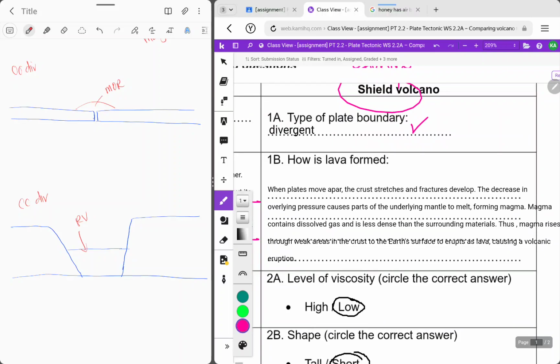If anything, if you remember what pressure is, I'm sure you learned from your lower sec science, pressure is about the pressing force, you press downwards force. When you move apart, there's now a gap. That means over here there is no more pressure because the weight is suddenly lost. This means this area is suddenly low pressure, which also lowers melting point to form magma.